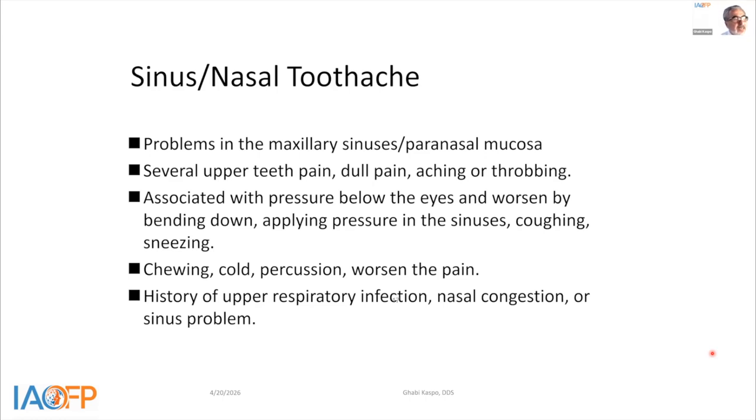Bending down may aggravate the pain, and coughing and sneezing also aggravate the pain. Chewing, cold, and percussion worsen the pain. Ask if the patient has a history of upper respiratory infection, nasal congestion, or sinus problems. So the clinical history is very important for our patients.